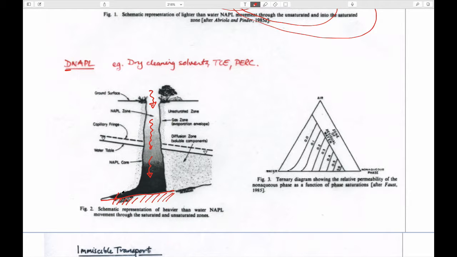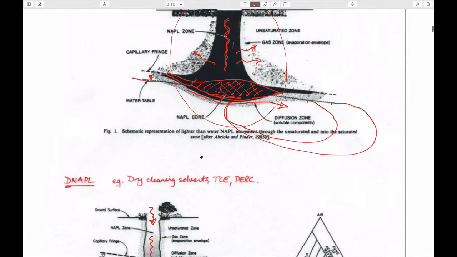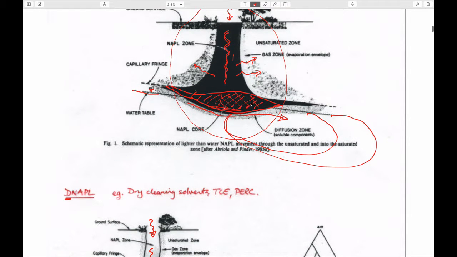And this will be a zone which is at relatively high saturation in some kind of lens that sits here. You'll notice that the direction in which this lens is moving is not in the same direction as the slope of the groundwater table, whereas in this case the direction in which the lens might try and move on the surface of the water table is along the incline of this.